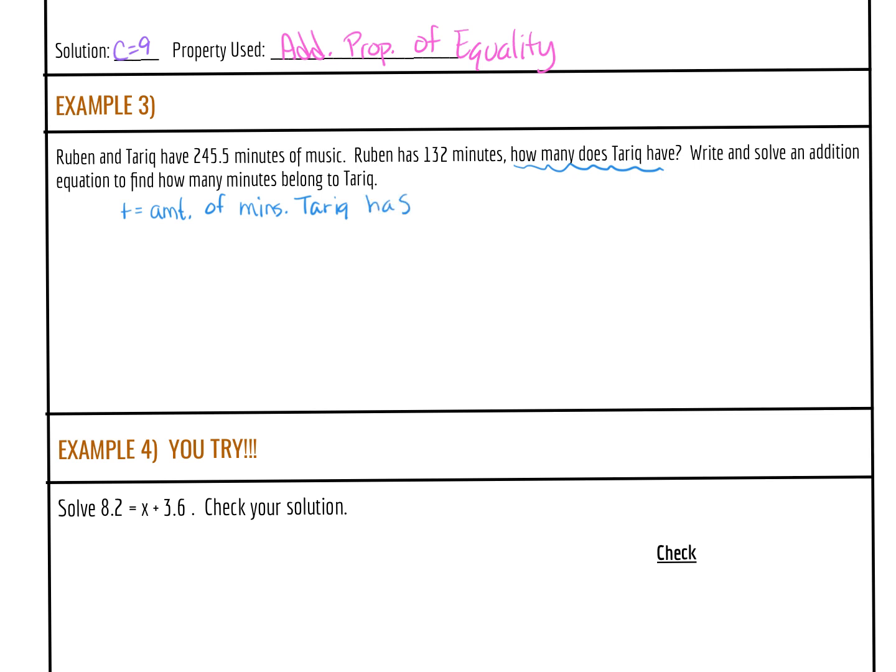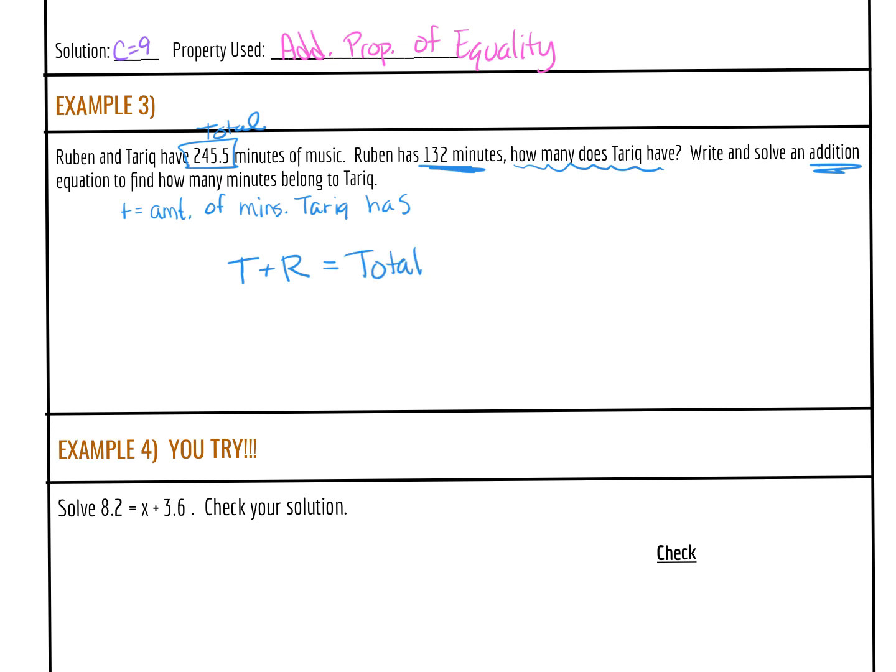Now, they have a total, both of them, of 245.5 minutes. We know Ruben has 132. So we're trying to write an addition equation. Tariq's minutes plus Ruben's minutes is going to give me the total minutes.